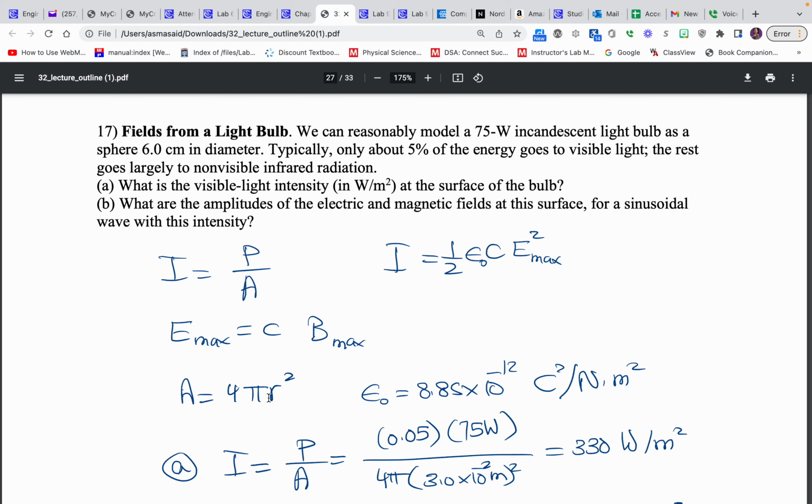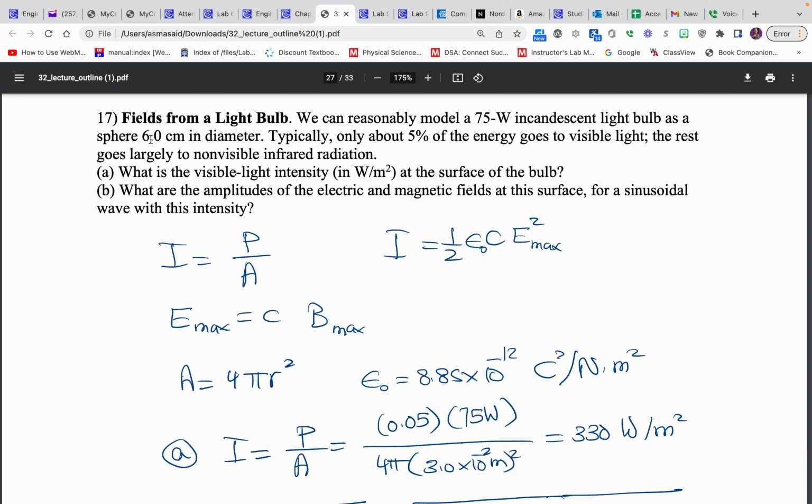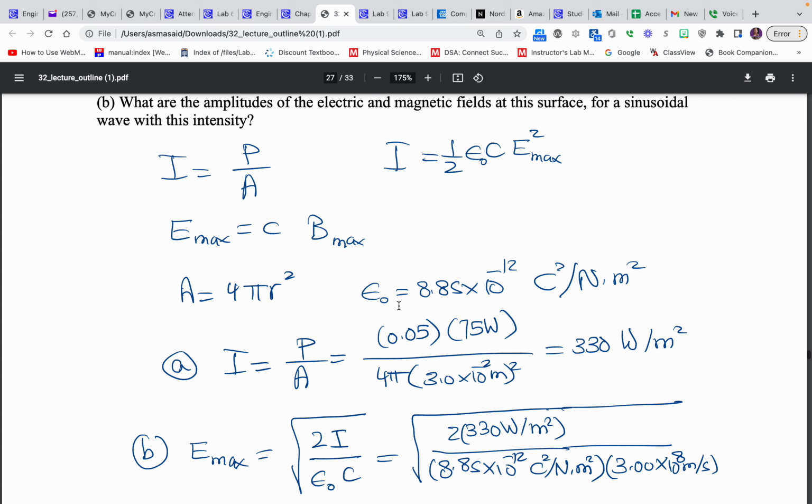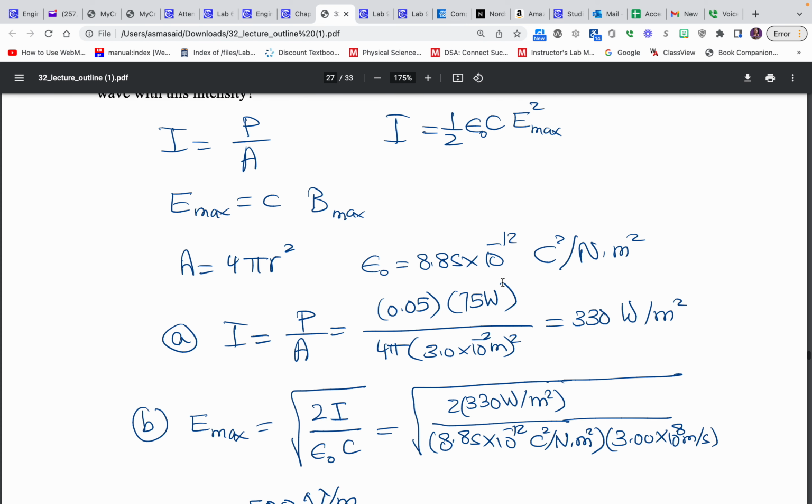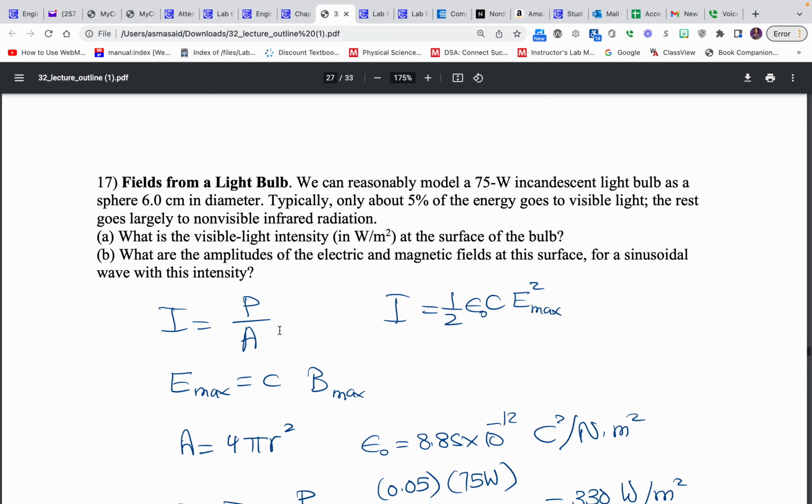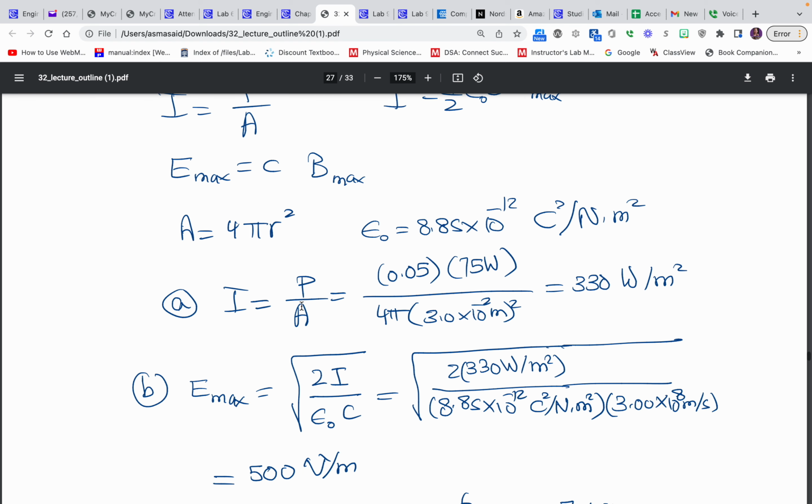This is the surface area of the sphere. Remember, we said we can consider it as a sphere, and epsilon 0 is this value. We can calculate the intensity at the surface as P divided by A.